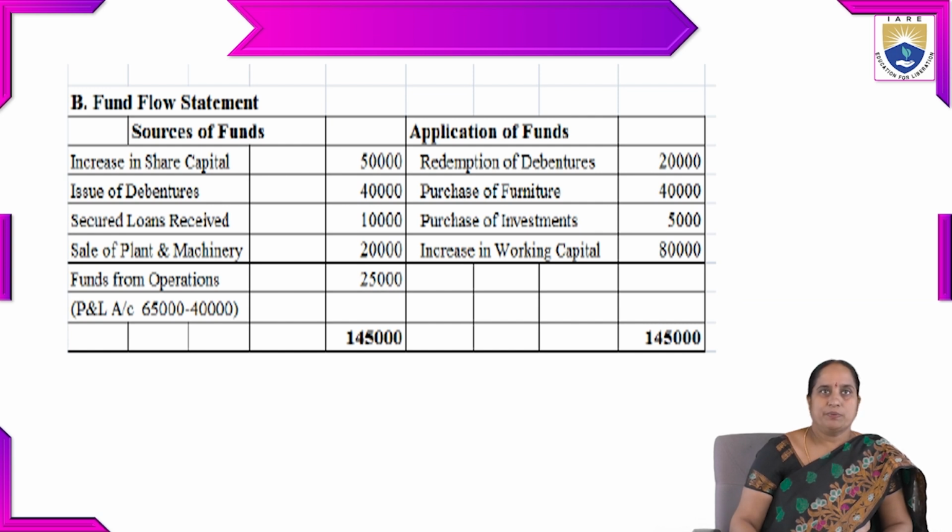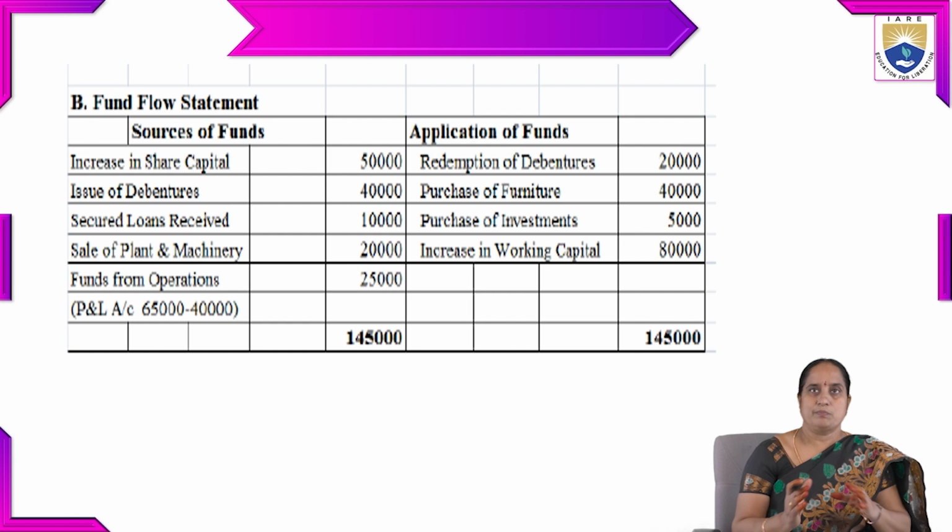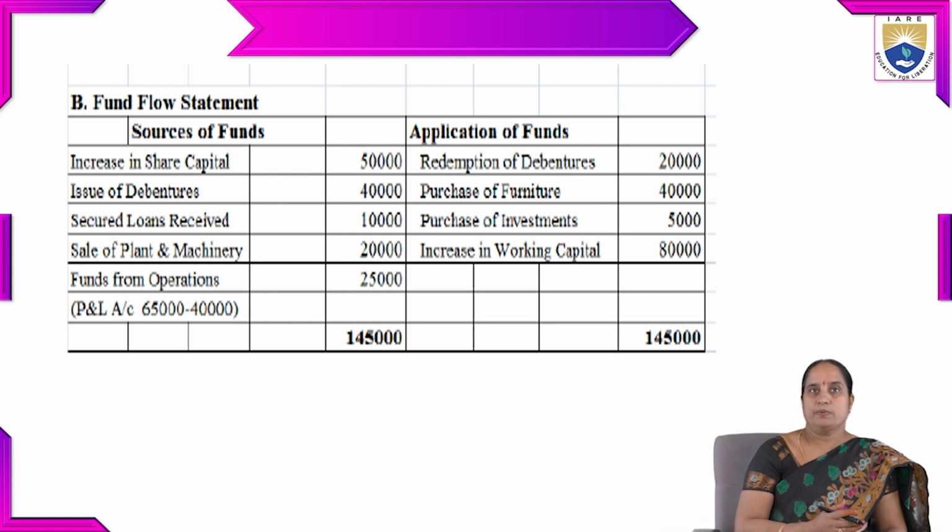Next we have to prepare the funds flow statement, which consists of two things: sources of funds and application of funds. Under sources of funds, specify increase in share capital, issue of debentures, secured loans received, sale of plant and machinery, funds from operations. On the other side, applications. Then find out whether there is an increase or decrease in working capital.